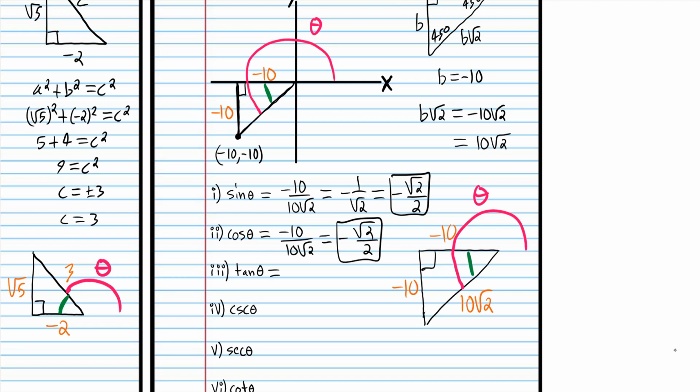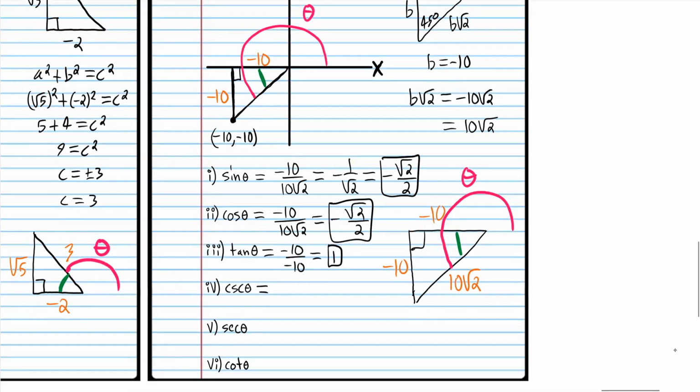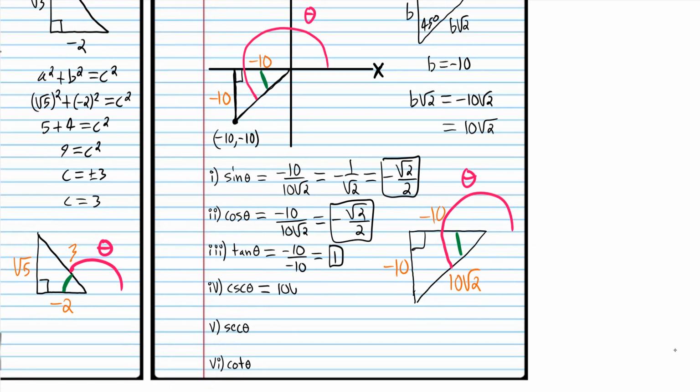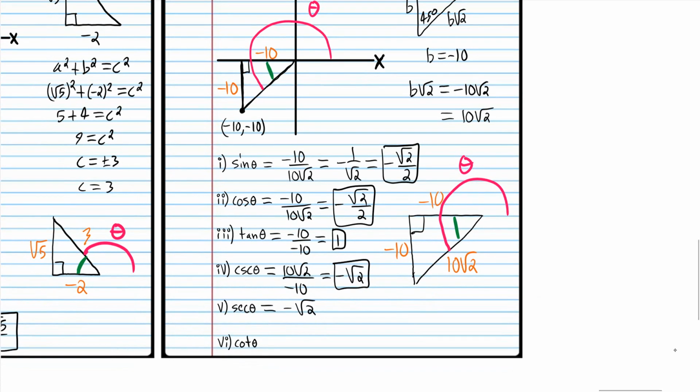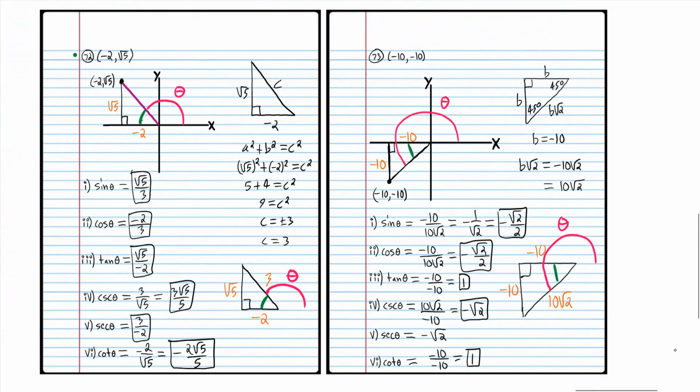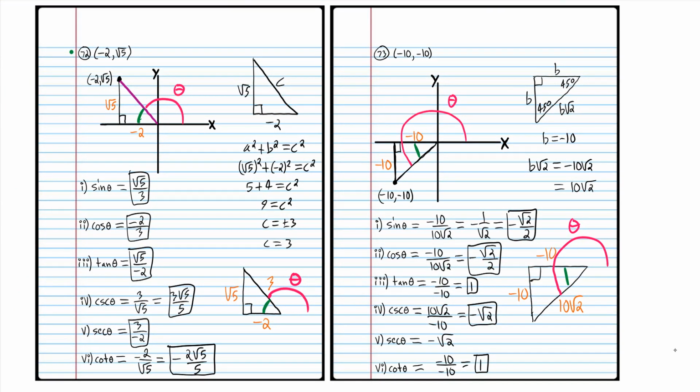Tangent theta is the side opposite the green reference angle divided by the side adjacent the green reference angle, so that would just be 1. Cosecant theta is the hypotenuse divided by the side opposite the green reference angle, so we get negative root 2. Secant, we're going to get the same thing. And cotangent is the side adjacent the green reference angle divided by the side opposite the green reference angle, which again is 1. So if you got those answers, excellent.